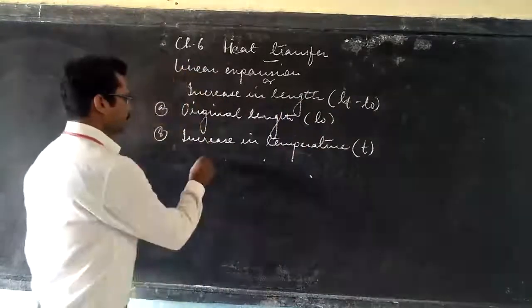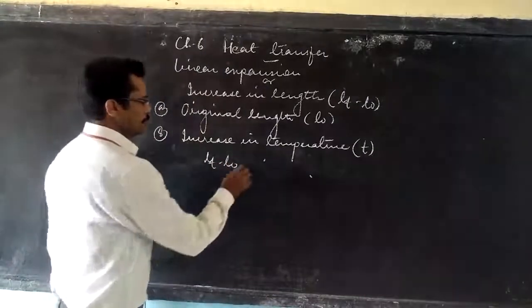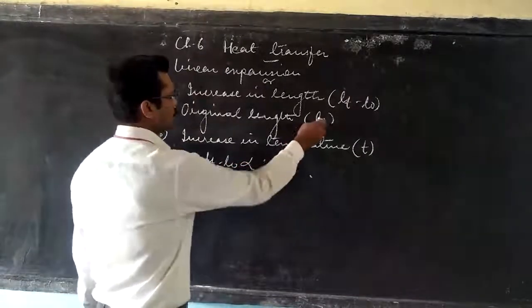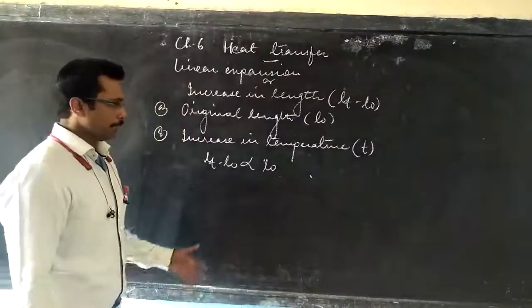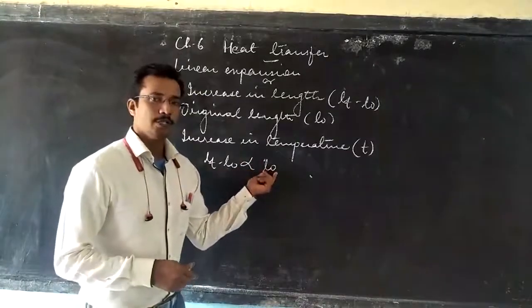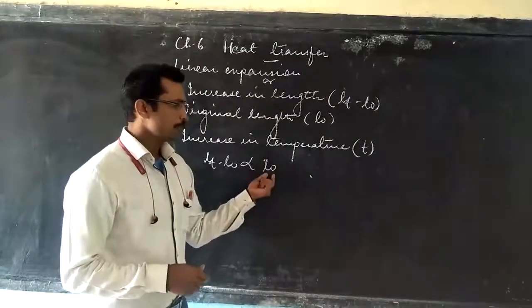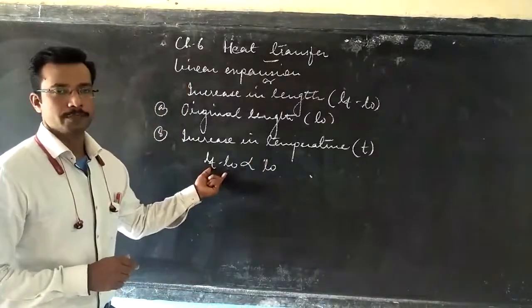So we can write increase in length, that is LT minus LO, is directly proportional to the original length. Directly proportional to original length means when original length is more, it will also show more linear expansion.